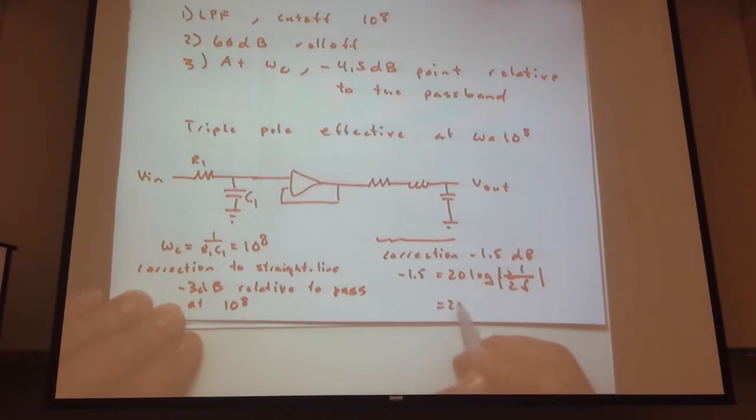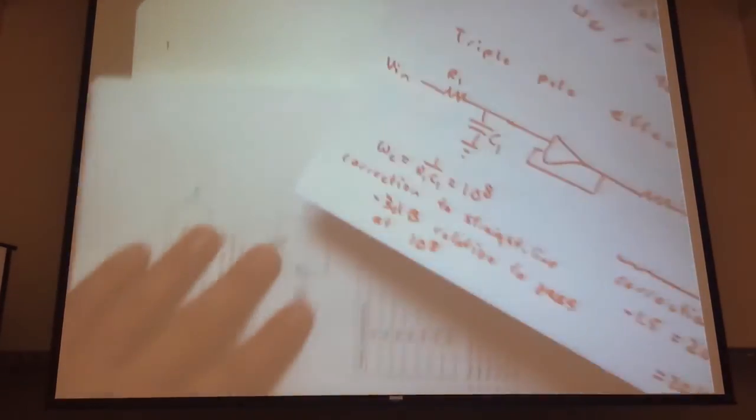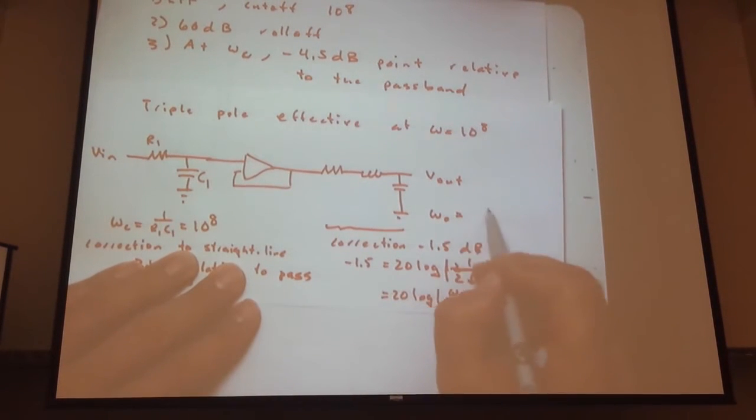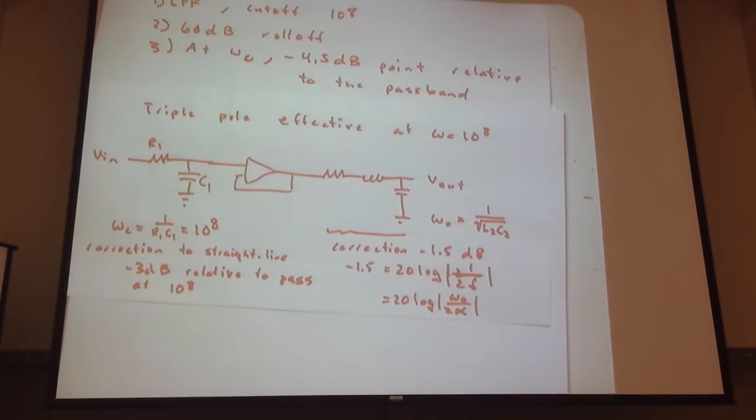We can write that as 20 log of omega naught over 2 alpha. That gives us one of our expressions, and then our other expression, just write it up here. Omega naught equals 1 over square root of L2 C2. And we can plug in omega naught and alpha.